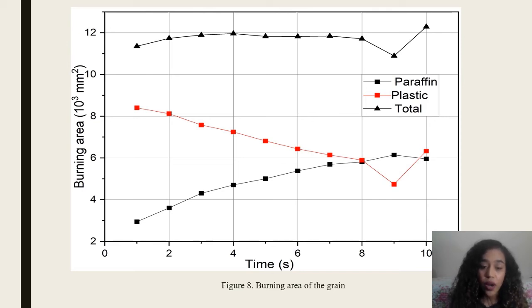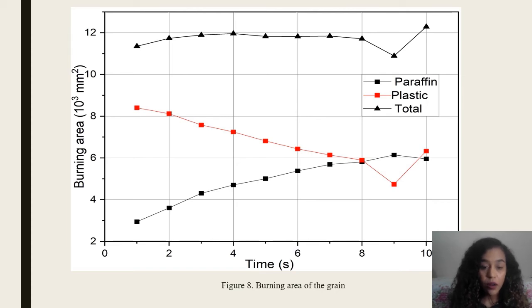The regression rate of protective material was estimated from 1.25 to 1.49 millimeters per second, and paraffin from 1.14 to 1.38 millimeters per second. The most significant regression of the protective layer happens in the port of the grain, where the cross-sectional area is minimal and the flow velocity is maximal.